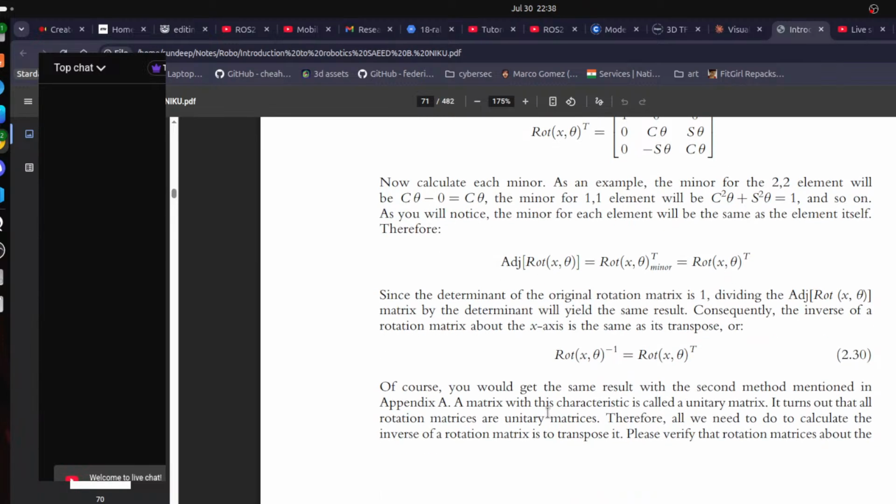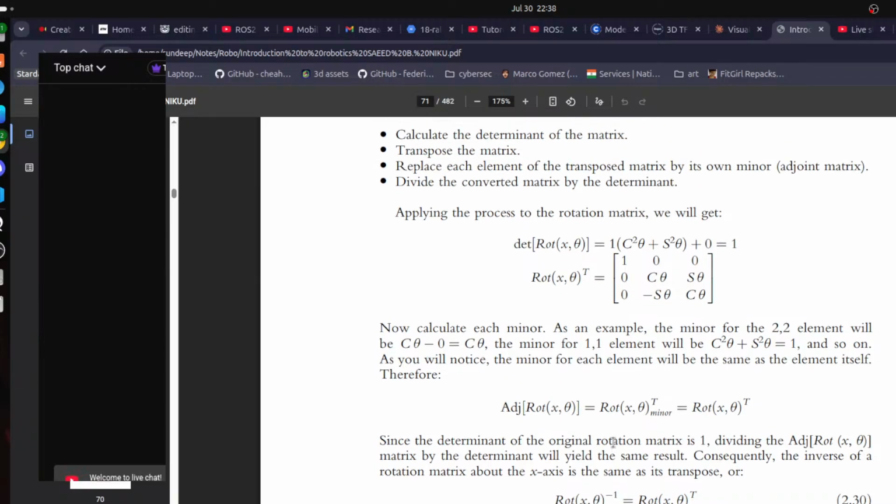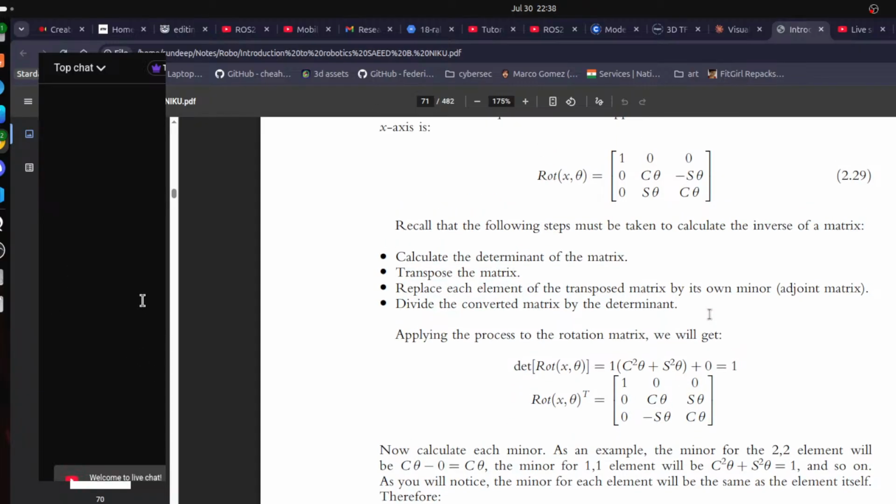The inverse matrix of the rotation matrix could be found using the same method, and coincidentally it's the same as its transpose. So cool, this takes off the load. Just take a regular rotation matrix and convert the rows into columns, and there you go.